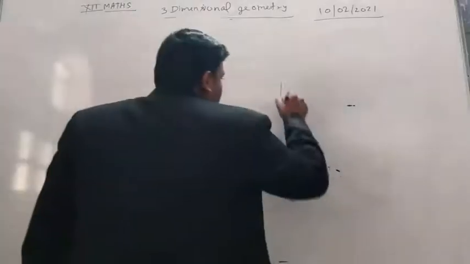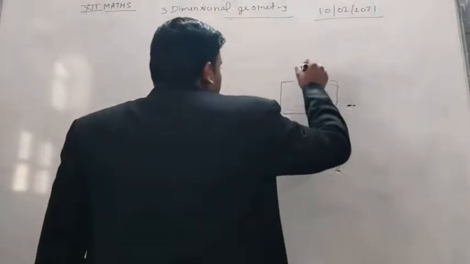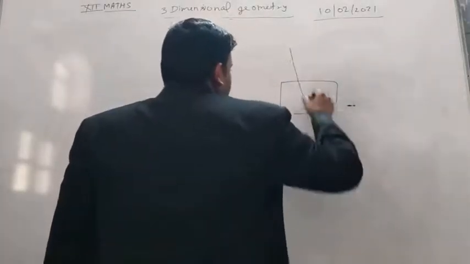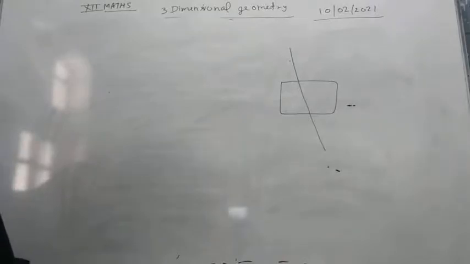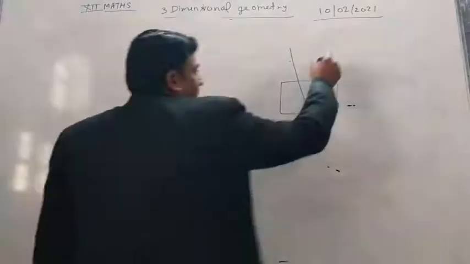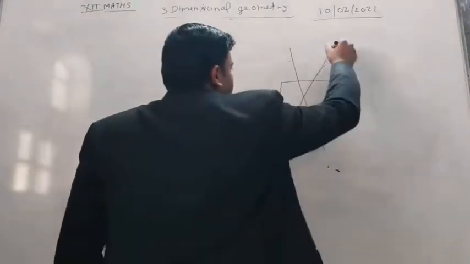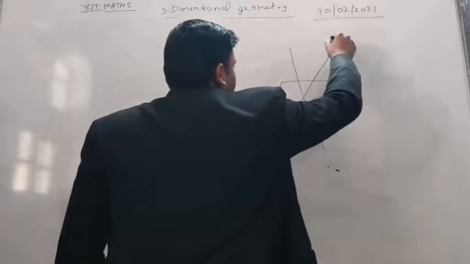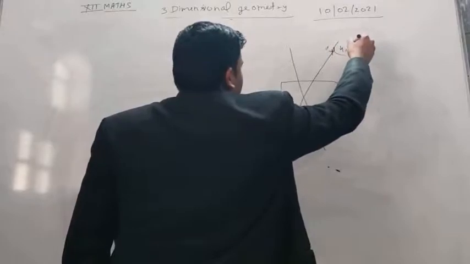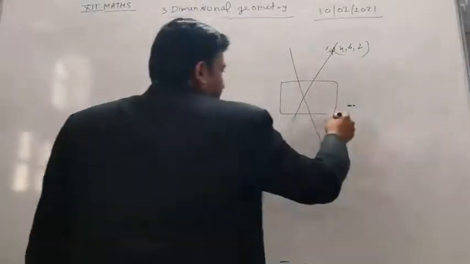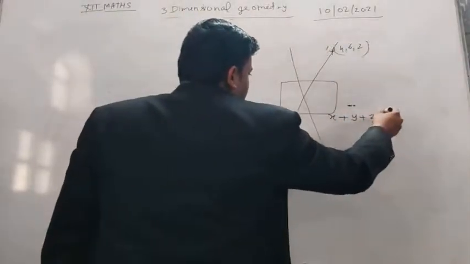So students, there is a plane whose equation is given and a line whose equation is given also, and we have to find the equation of the line which is passing through the point P, which is (4, 6, 2). Okay students, and the equation of the plane is x plus y plus z is 7.